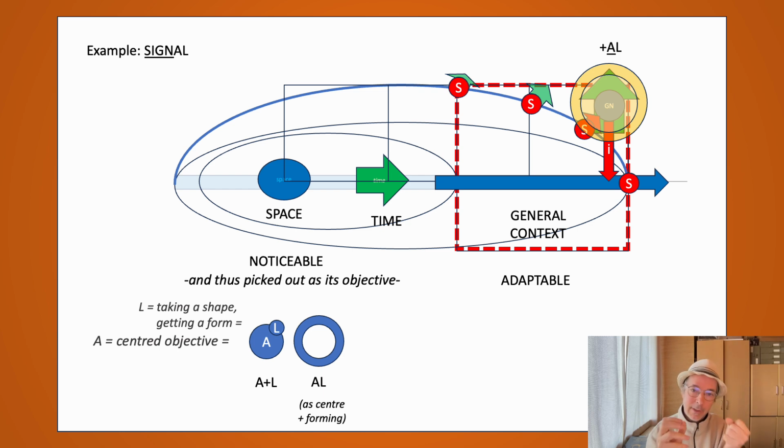The form is getting towards me. That the signal is taking a shape, that it's having a form, that it is even shining at me is very clear with this signal association of sign plus A and L.